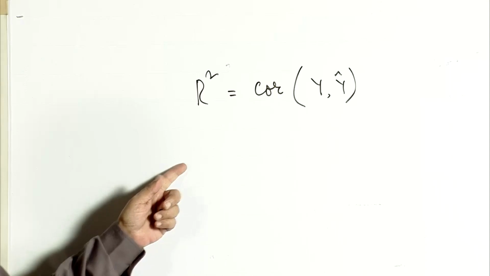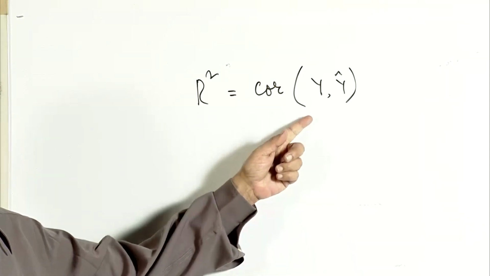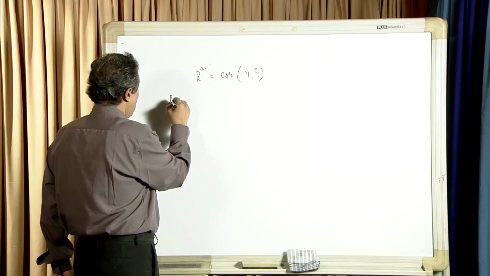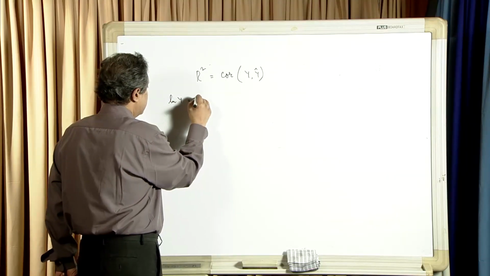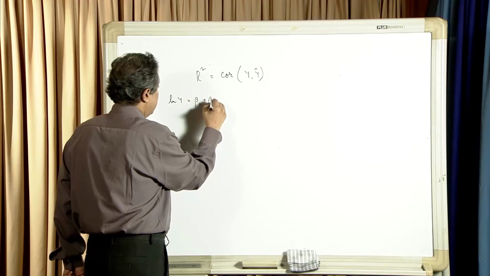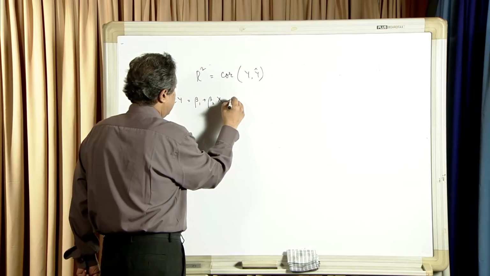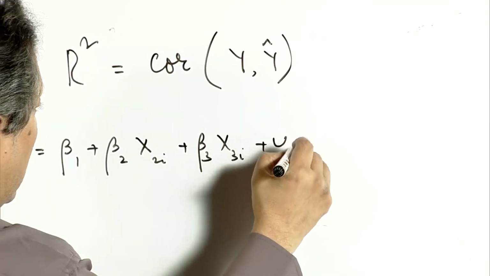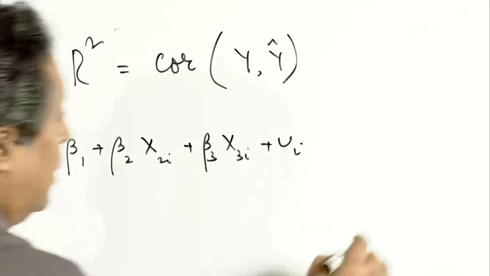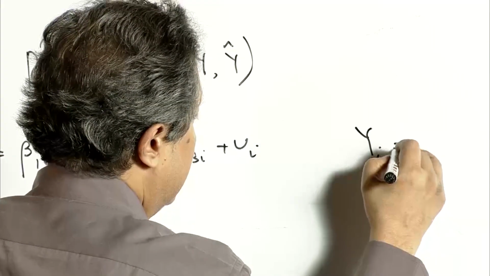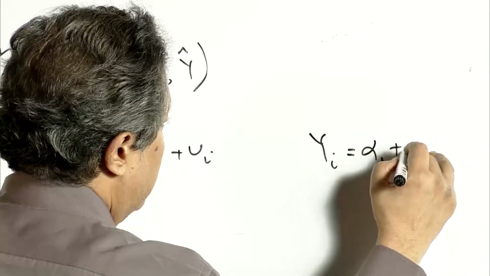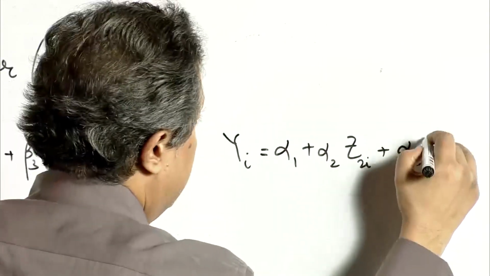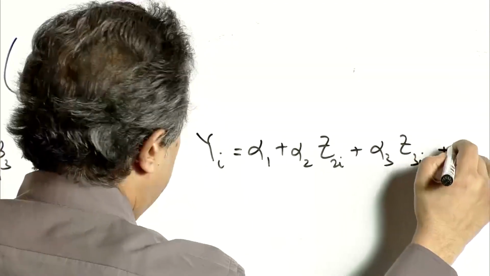So, R square is nothing but the simple correlation between y and y hat, and supposing we have a model where log of y is beta 1 plus beta 2 x 2i plus beta 3 x 3i plus u i, and another model where simply y i is equal to alpha 1 plus alpha 2 z 2i plus alpha 3 z 3i plus v i.